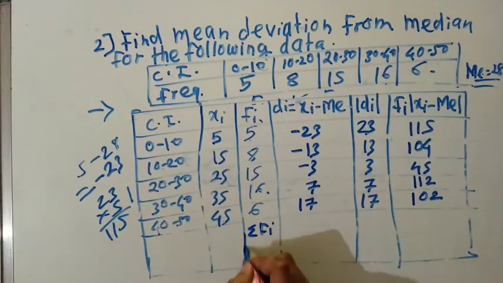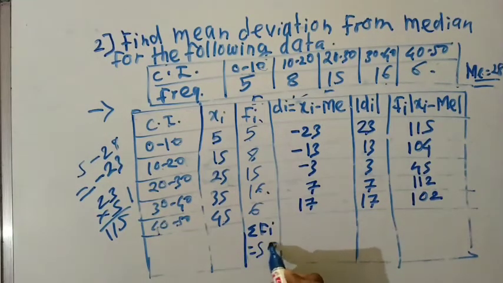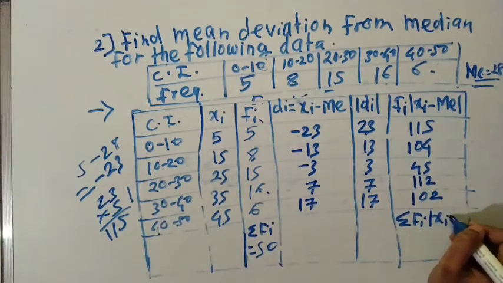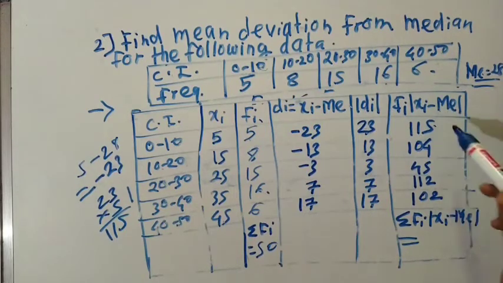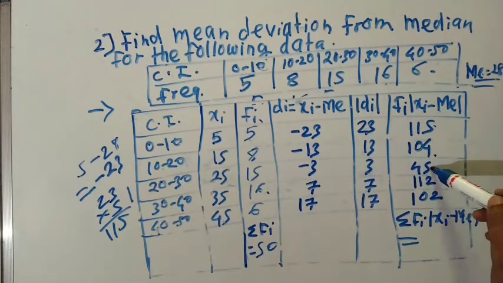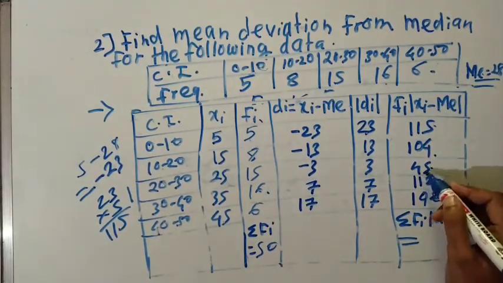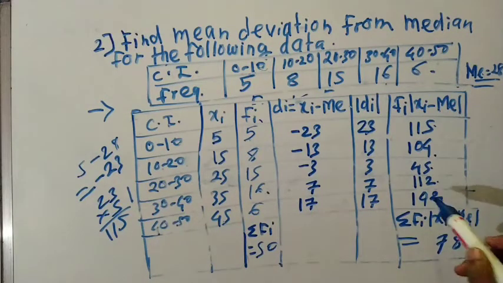Summation of fi is equal to 50, and summation of fi mod of xi minus ME, the summation of all these values, is 478.